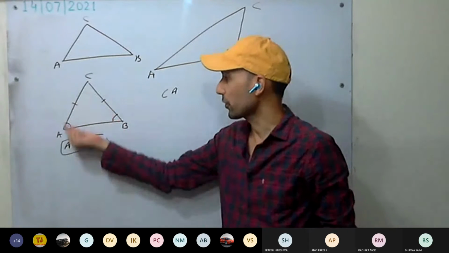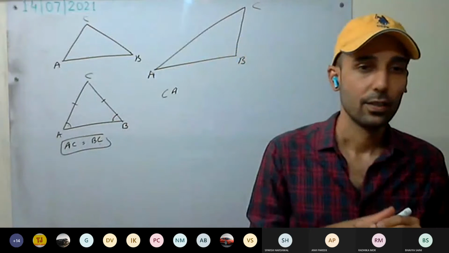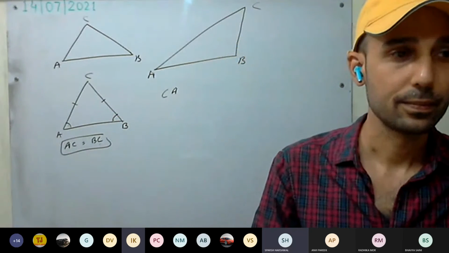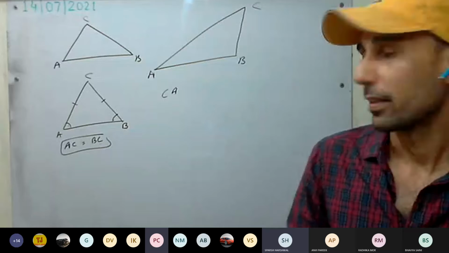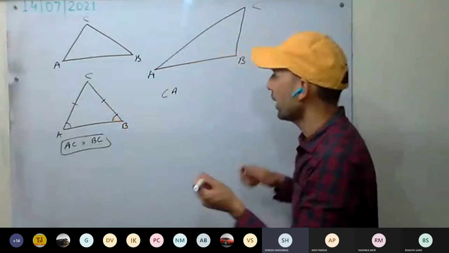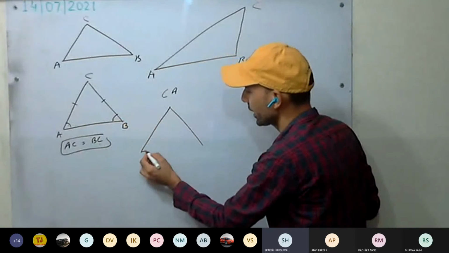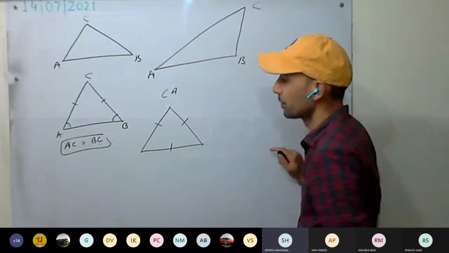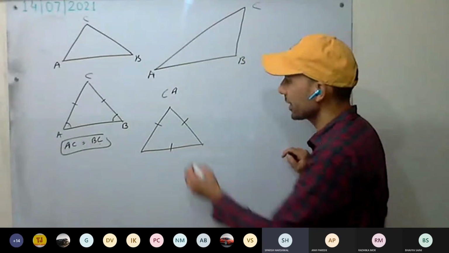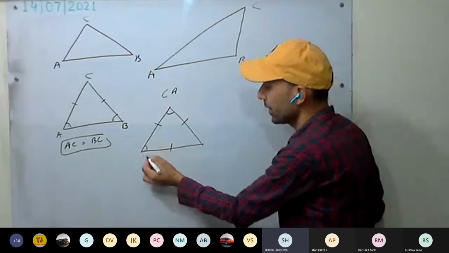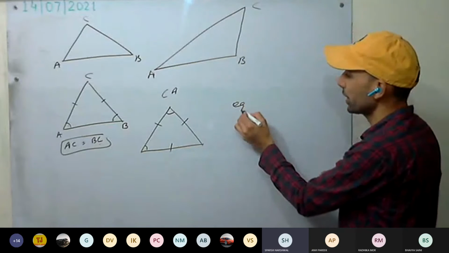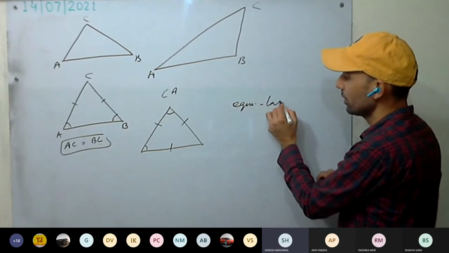So what kind of triangle is it? Isosceles triangle. If all the three sides are equal, equilateral triangle. Yes, sir. Equilateral means equal lateral sides.